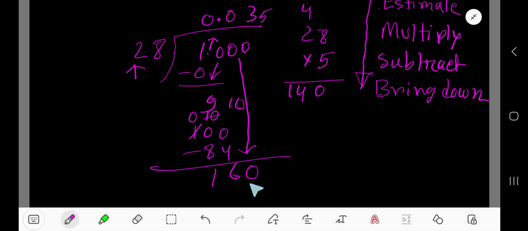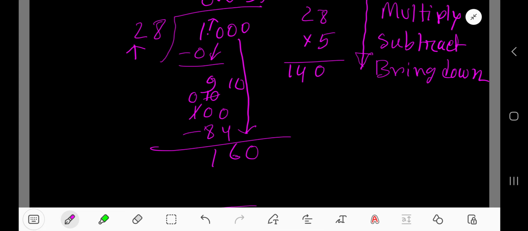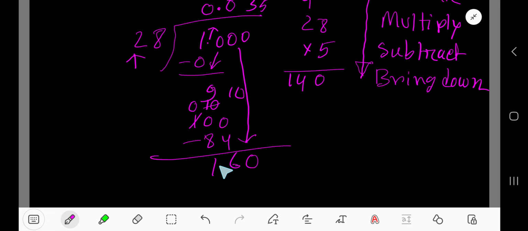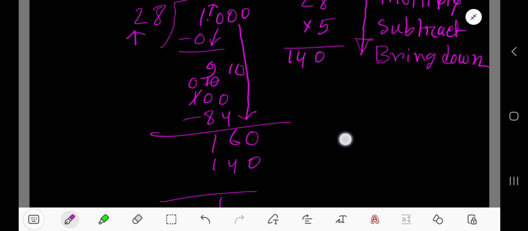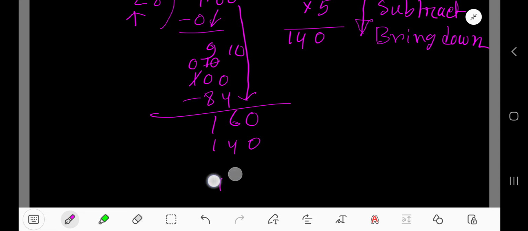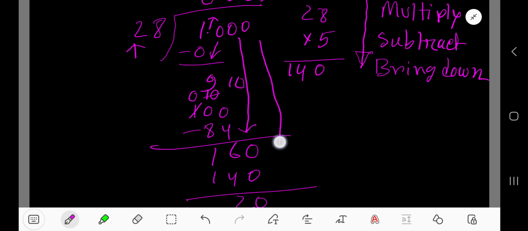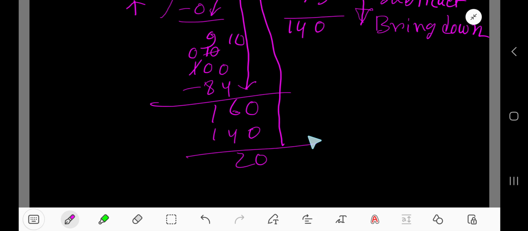If you subtract, then you will have 20, which is not more than 28. So this is acceptable, right? 28 goes into 160, 5 times, and we will get 140. If you subtract, then what will happen? 160 minus 140 is 20. Again, bring down the next 0.